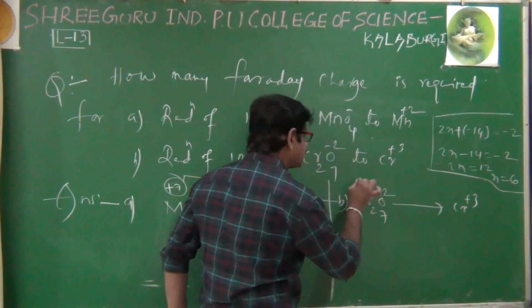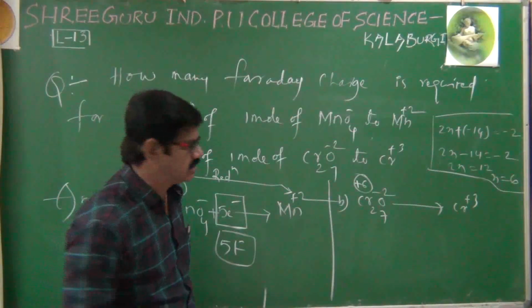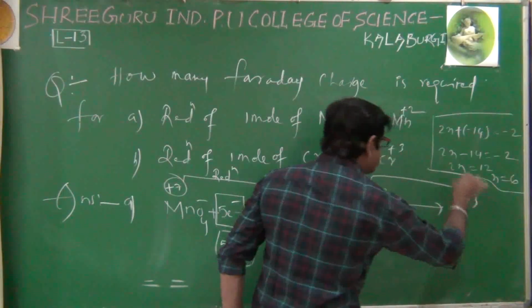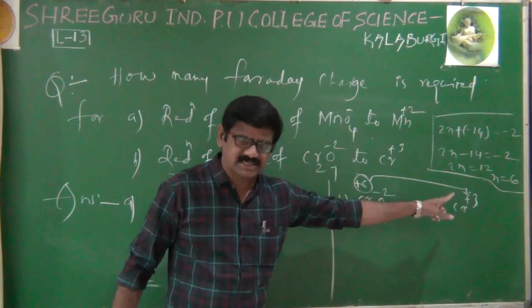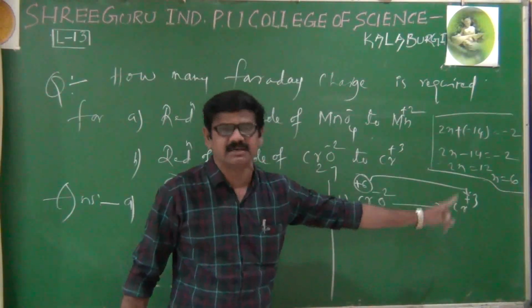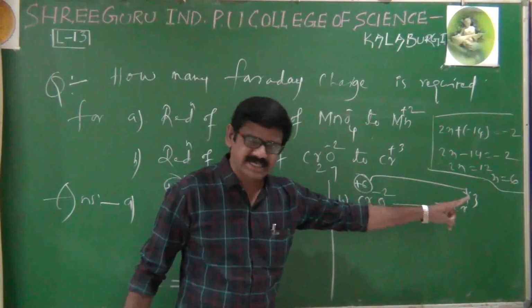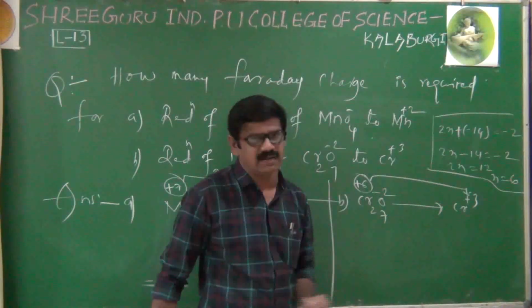One single chromium charge is plus 6. Here the chromium charge is 3, so 6 converted to 3. Of course, a decrease in oxidation state is nothing but reduction, there is no doubt. Now, how many moles of electrons are involved?